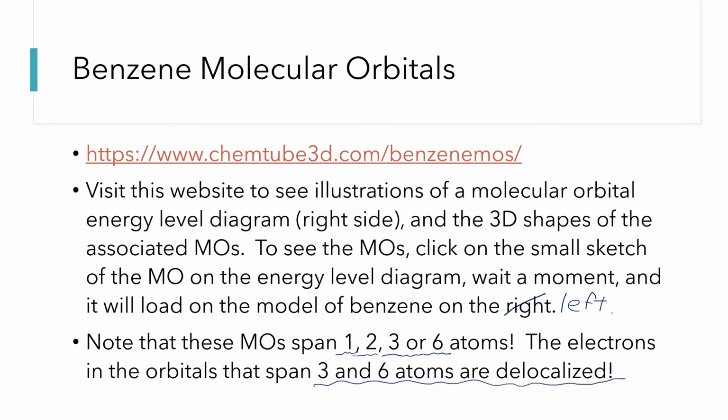These molecular orbitals span as much as the entire molecule, and a pair of electrons that can be in any one orbital could be anywhere throughout that entire molecule. And so when that happens, we call those electrons delocalized.